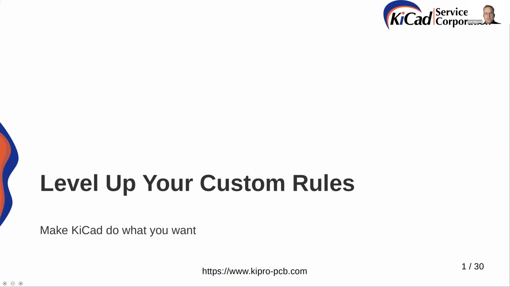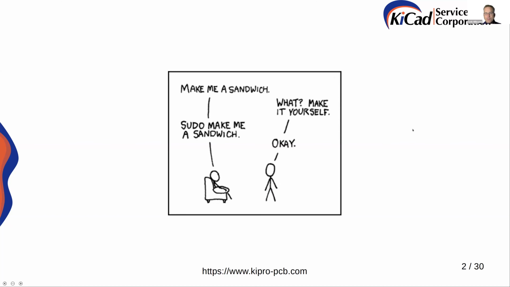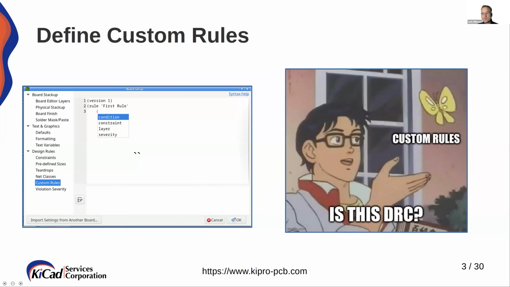So, to begin, custom rules. If KiCad doesn't let you do it by itself, you should write a rule and tell KiCad what you want to do, and it will follow you. What are these custom rules? These are DRC.